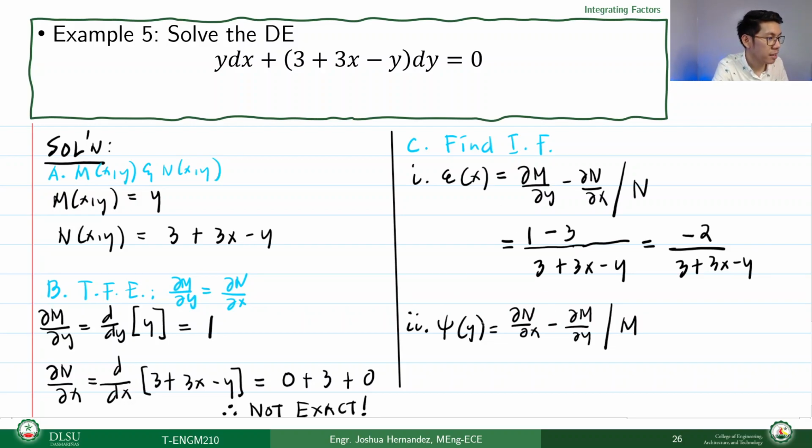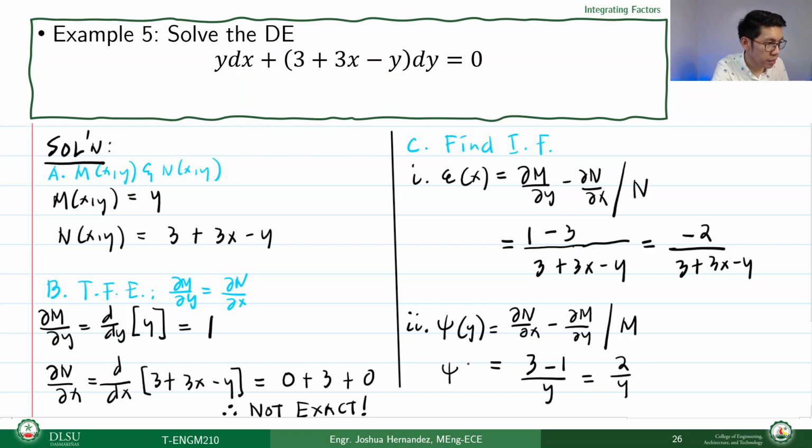So, let's try. We have N minus M, so 3 minus 1 all over y. This gives us 2 over y, which is an expression that is solely dependent on y.